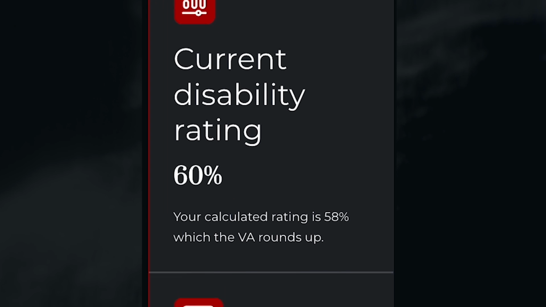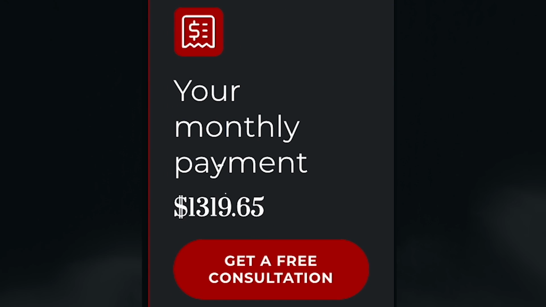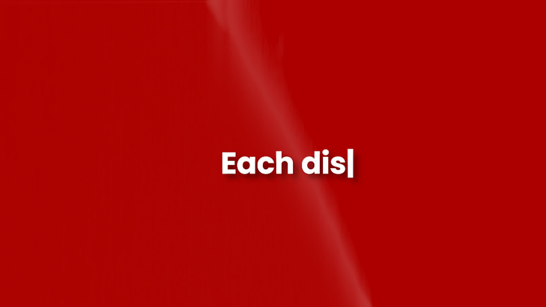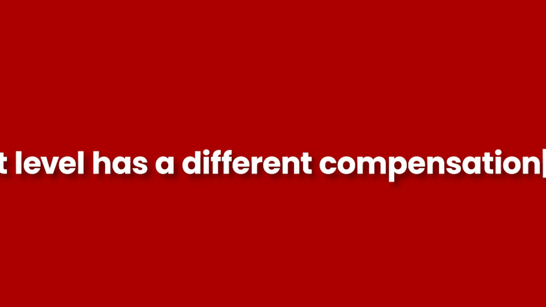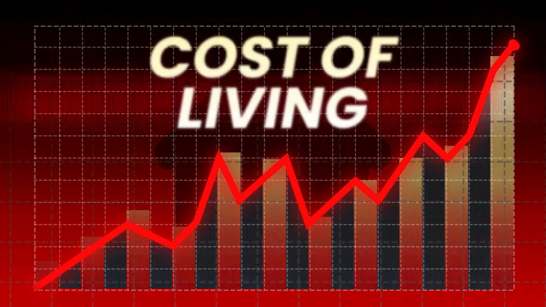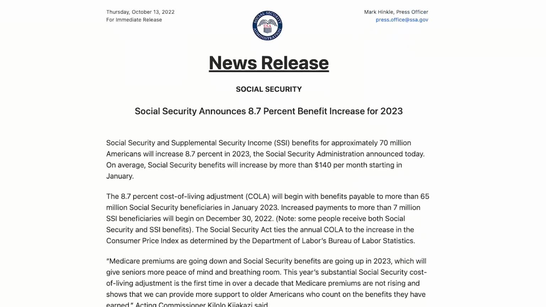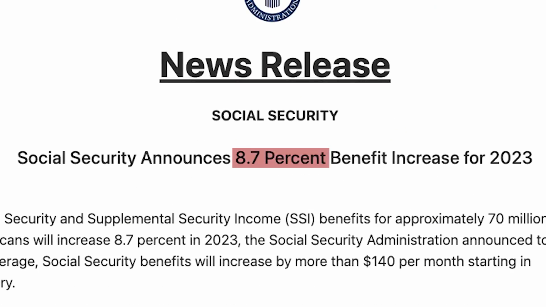You can also see how much you qualify for in disability compensation, because each disability increment level has a different compensation amount, and this amount can change annually. Generally, it tracks with the cost of living adjustment that Social Security beneficiaries receive. So in 2023, for example, the cost of living increase was 8.7%.